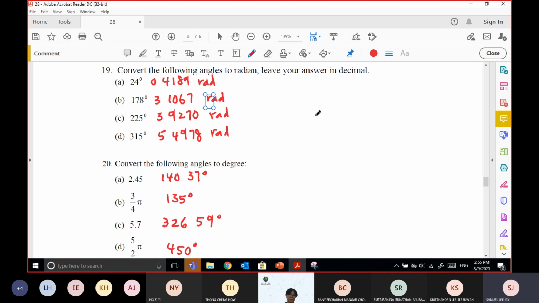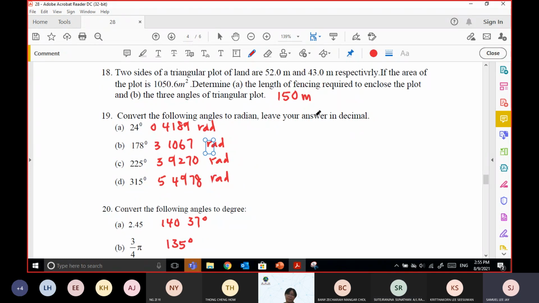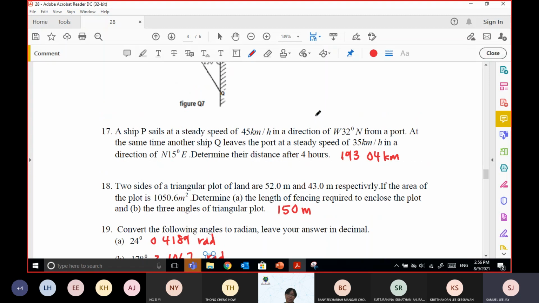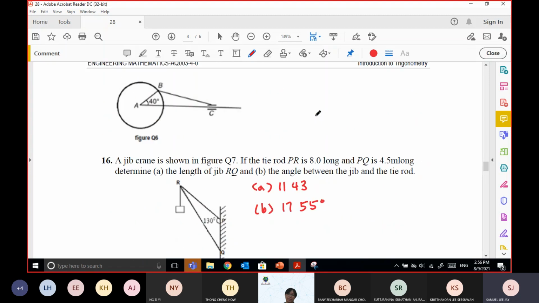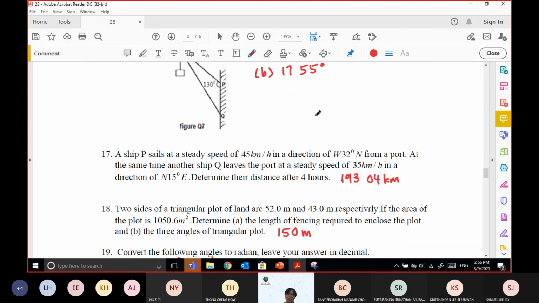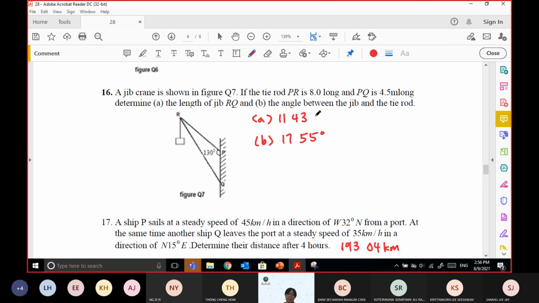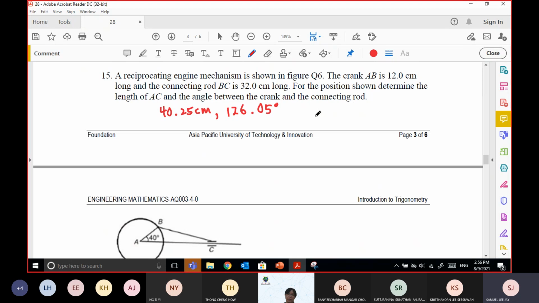Miss, can you scroll up a bit, to question 15 and then question 7? 15, yeah, 15. And 7.